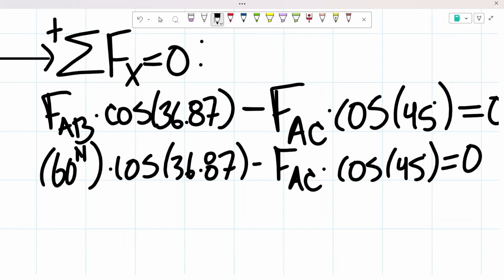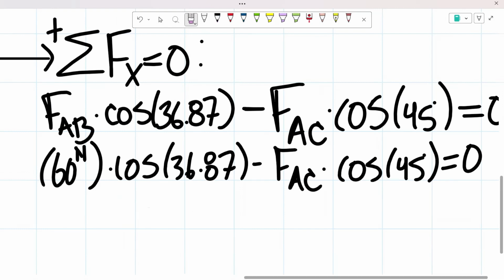So if we were to plug that into your calculator, you'd get 60 newtons times cosine of 36.87. Once again, make sure that your calculator is in degrees and not in radians. So cosine of 36.87 times 60 newtons is equal to 47.99.